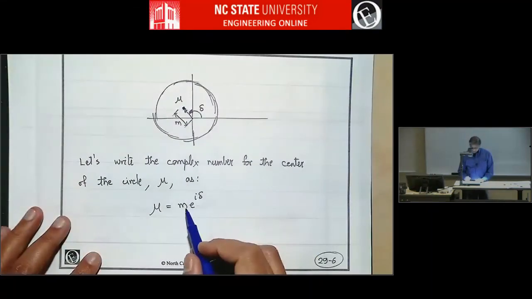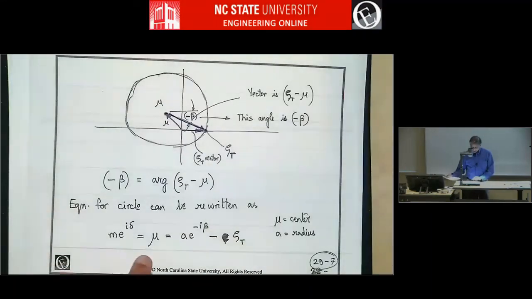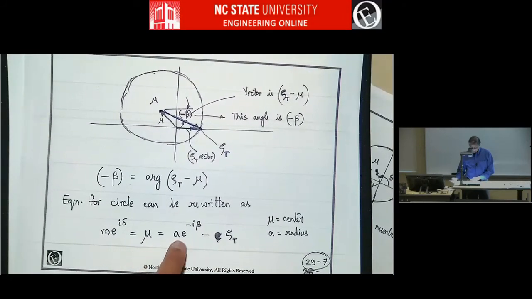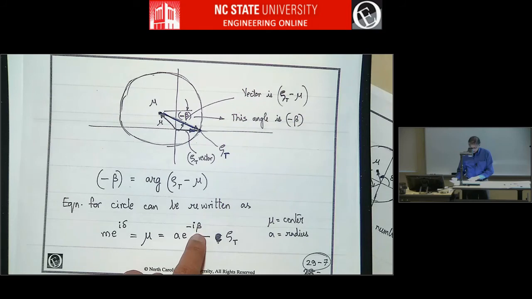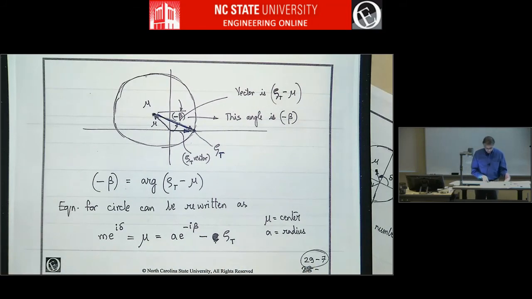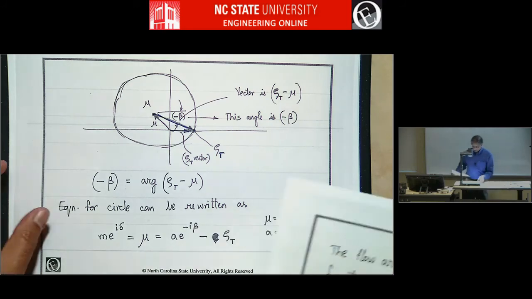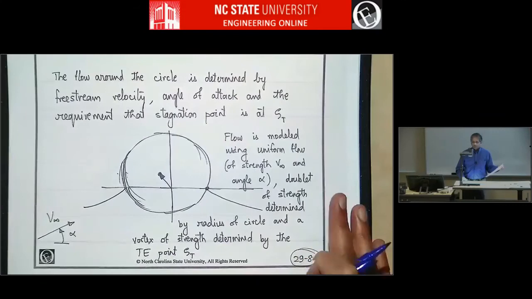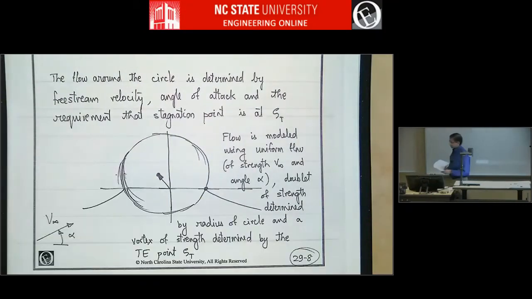So mu is m times e to the power i delta, and that's equal to a times e to the power minus i beta minus zeta t. If I don't look at this for some time, even I have to scratch my head, because I don't do this often. Unlike other parts of airfoil aerodynamics, this always takes time to absorb.